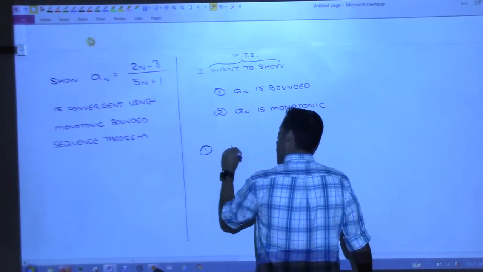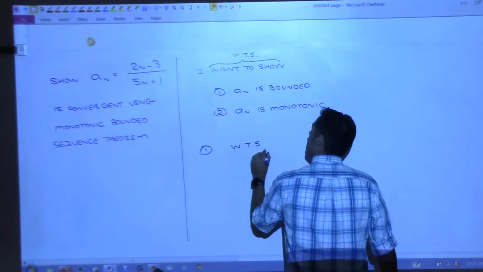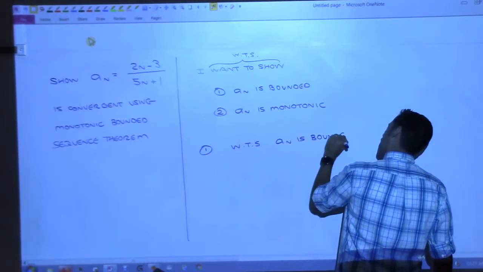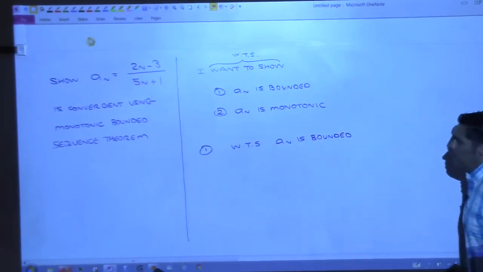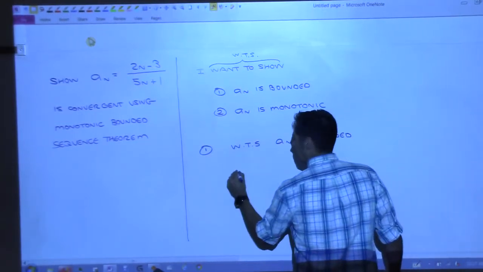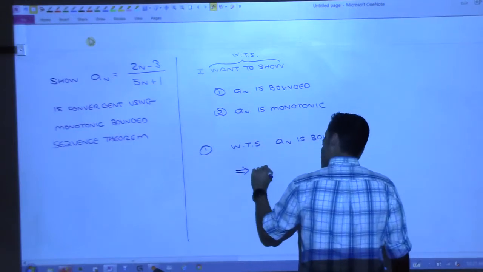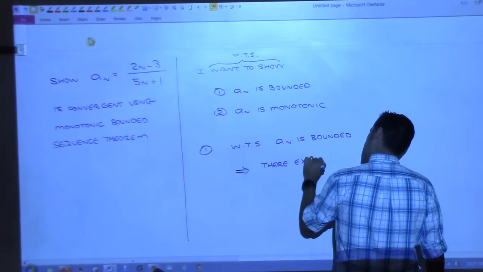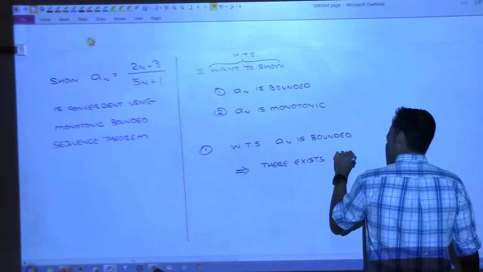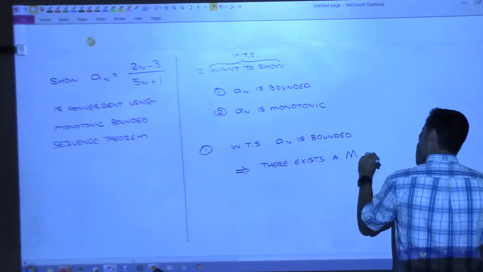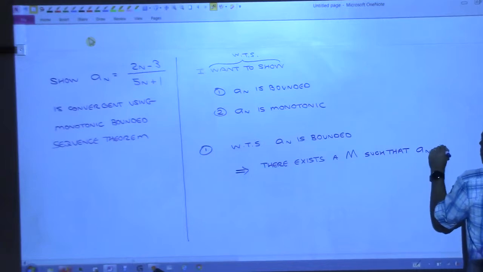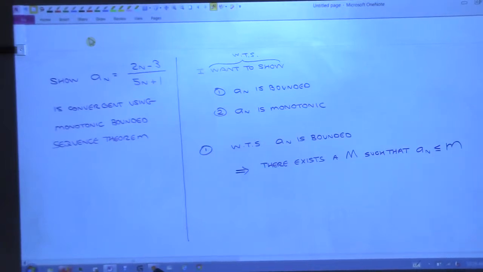1. I want to show that a sub n is bounded. That implies that there exists a capital M such that our sequence is always less than or equal to capital M. What's the capital M?